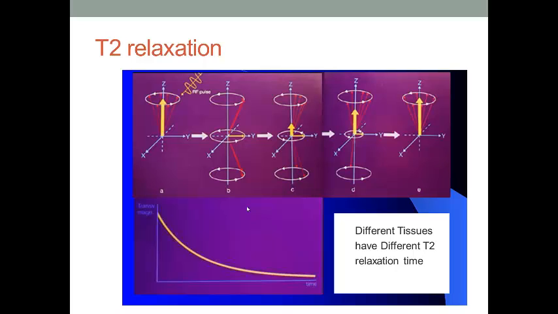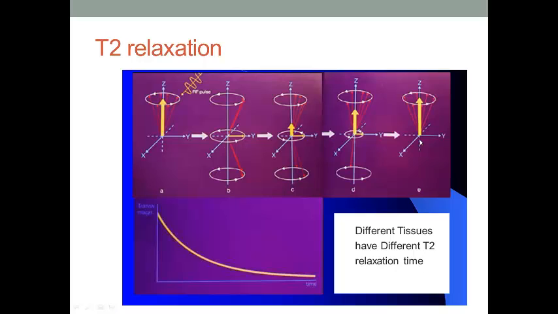First this one recovers, then the net magnetization in this direction will become smaller, see here, then become 0. This whole process of the net magnetization going to 0 is called T2 relaxation.